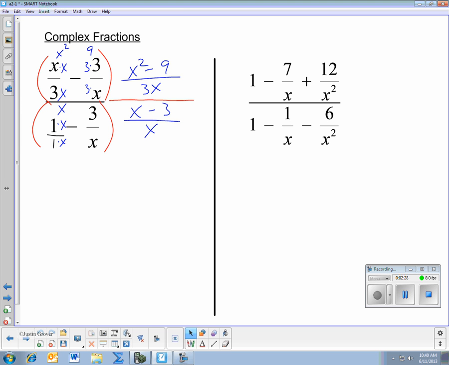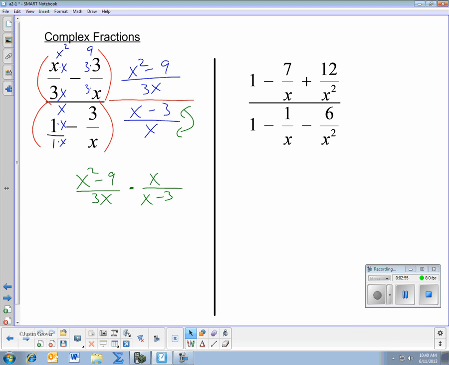And now what I have is a fraction over a fraction, or a fraction divided by a fraction. And we know that means we change dividing fraction into a multiplication of its reciprocal. So the complex numerator, x squared minus 9 over 3x, is going to be times the reciprocal of the complex denominator, x over x minus 3.